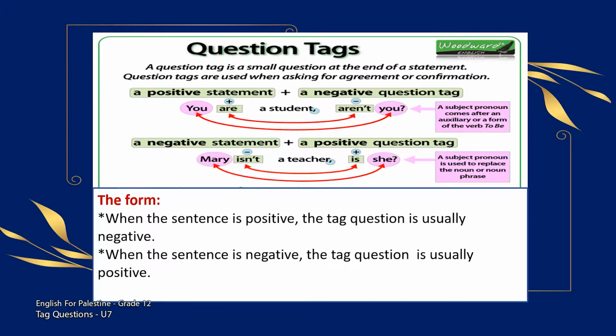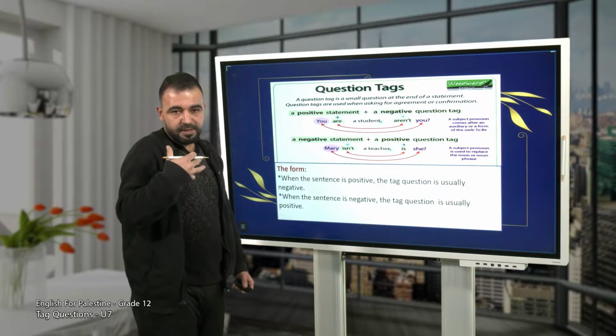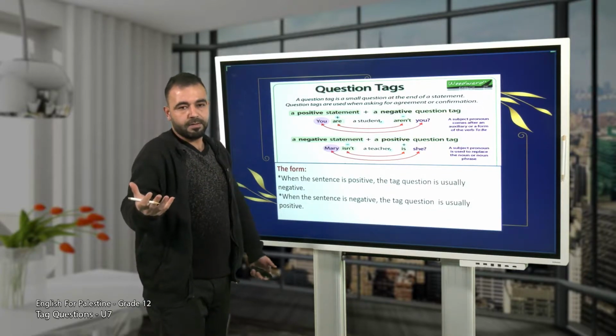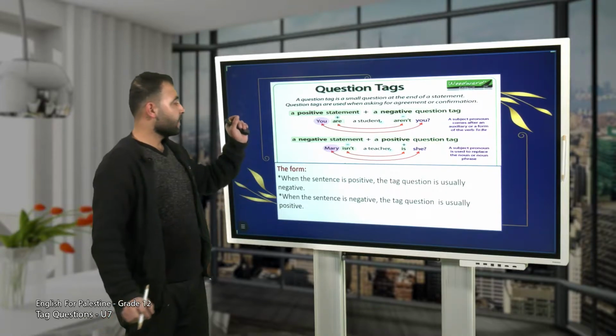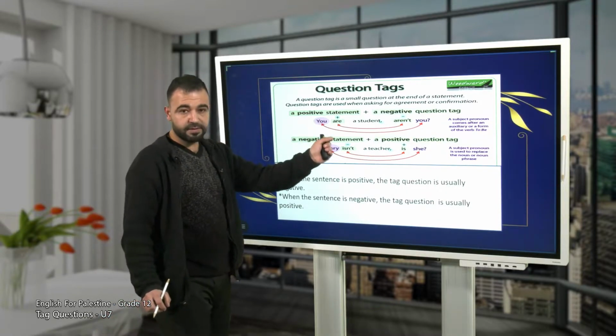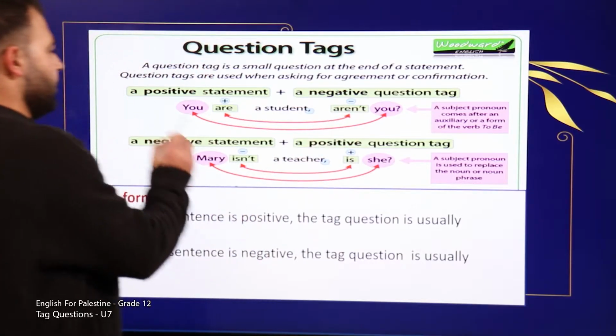Question tags are used when asking for agreement or confirmation, when I want you to confirm the statement that I am saying. The rule here, if we have a positive statement, the tag should be in a negative form.